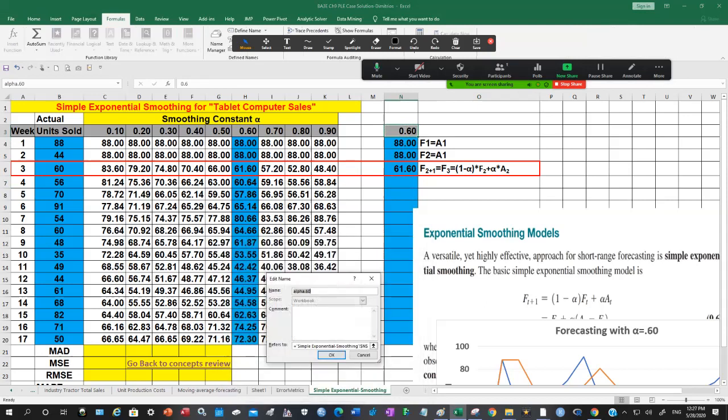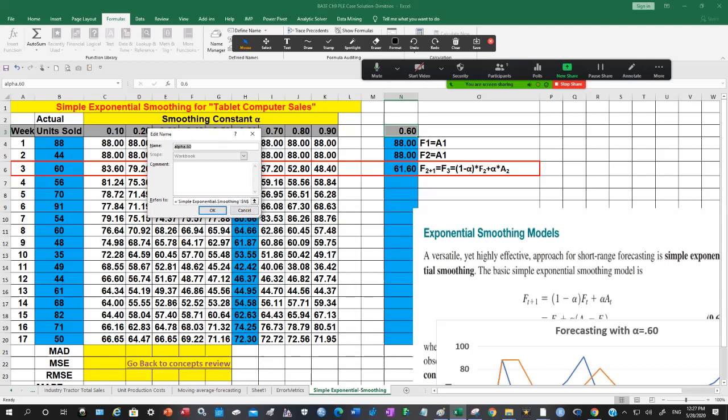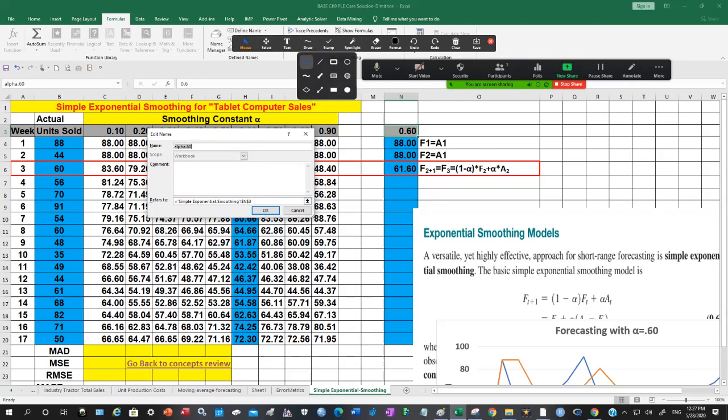And if I double click, this tells me that right here, this right here, if you cannot see it, this says alpha 0.60. This is the name of the variable, alpha 0.60. And this tells us that this is equal to $N$3 together with the spreadsheet name, all right?